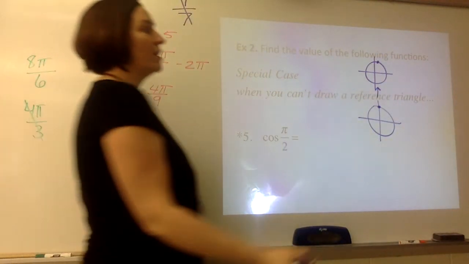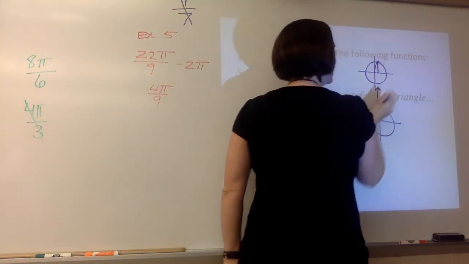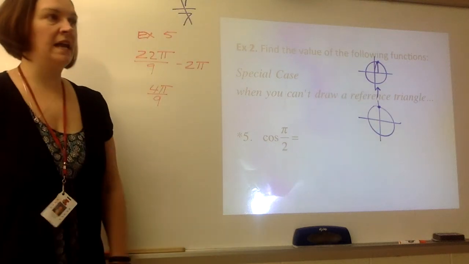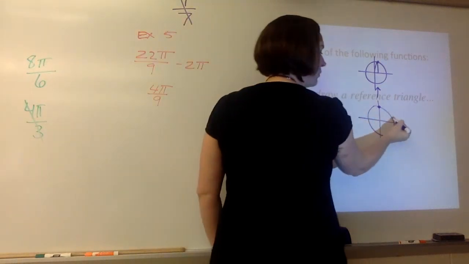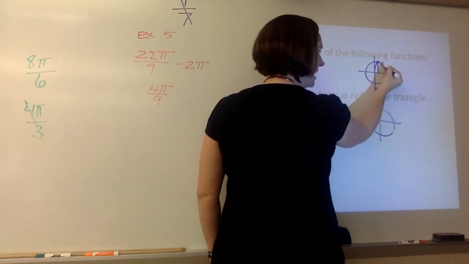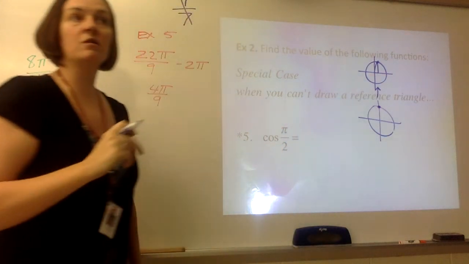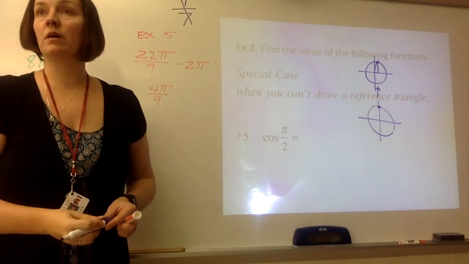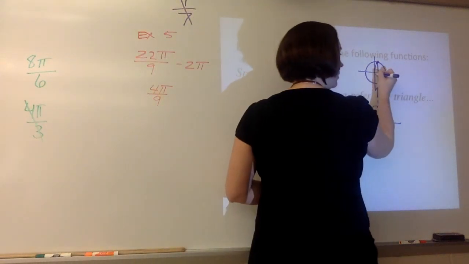If I go 1 degree off of center and draw in my triangle, do you notice how x is extremely tiny? X gets smaller and smaller as I get closer. It's real big here, and as I move up to this point, it's getting smaller and smaller. Can you conceptually understand that x is approaching 0? At pi over 2, my x in the triangle would be 0.